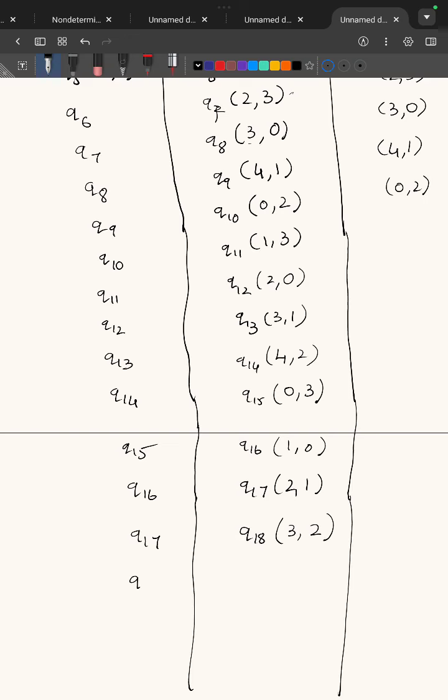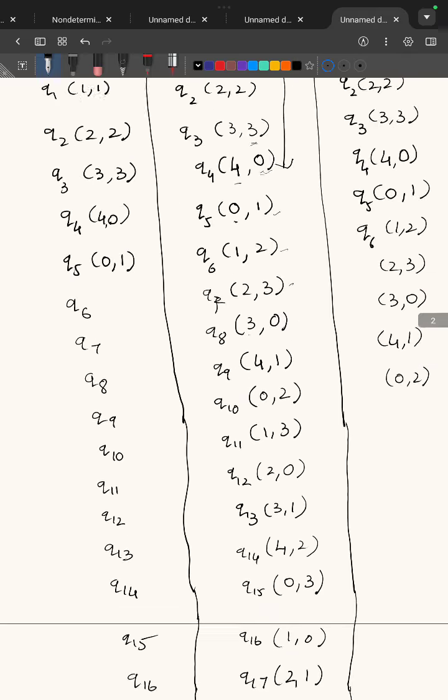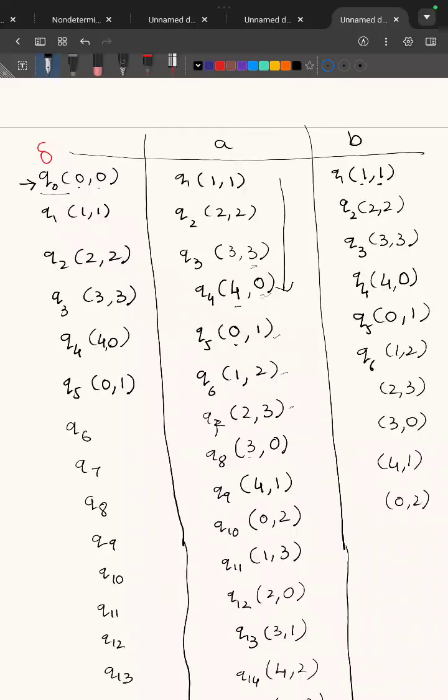Q18 will be 4 comma 3. Q19: if I add 1 this will become 0, and if I add 1 over here again it will become 0. So 0 comma 0, what is the state? It is state number Q0.